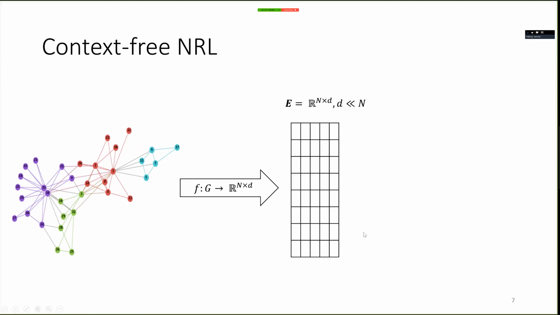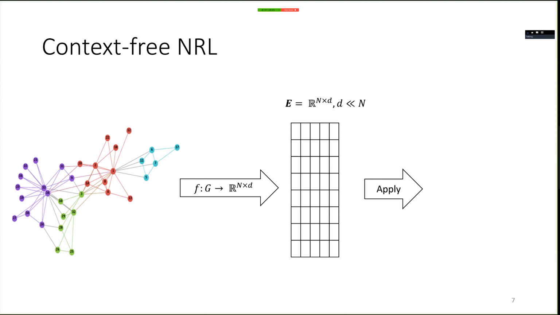Our purpose is to make this matrix representative of the graph, to convey the information that you explore from the graph. And we call this matrix the embedding. So each row corresponds to a node, and each node now has a vector, or an embedding. So this is the node embedding.